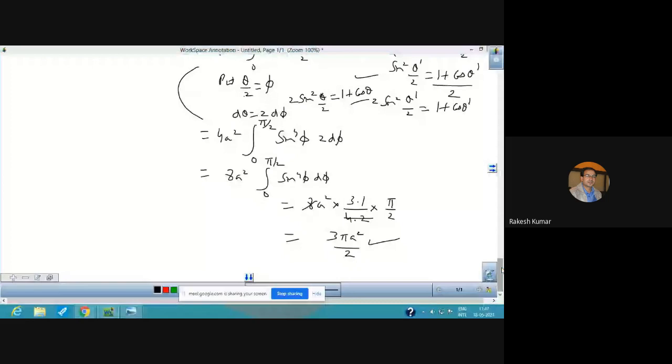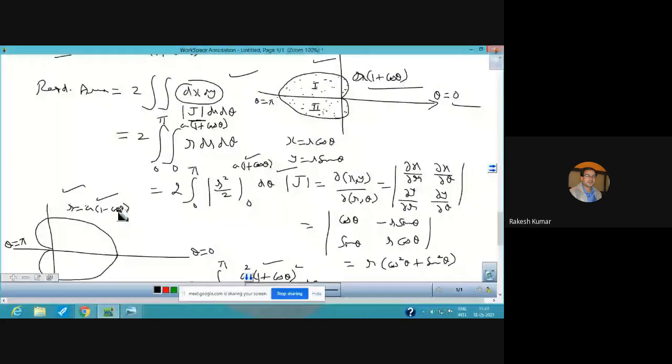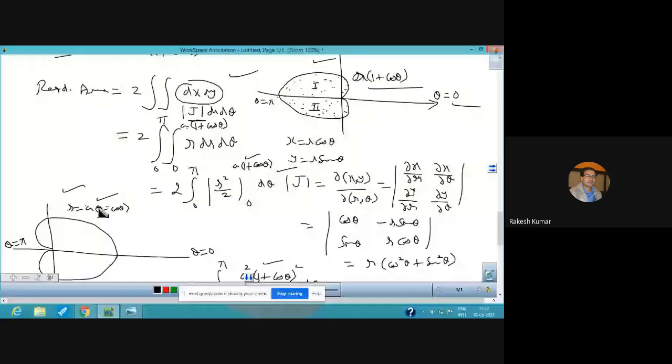So whether we are taking this cardioid with positive sign, or whether we are finding the area of this cardioid with negative sign, इसको भी आपने इंटीग्रेट करना है. यहाँ पर आपने अपर लिमिट a into 1 plus cos theta लिया, वहां पर a into 1 minus cos theta, and you will integrate it and get the area again. And this is also the question of your home assignment. You will complete it.